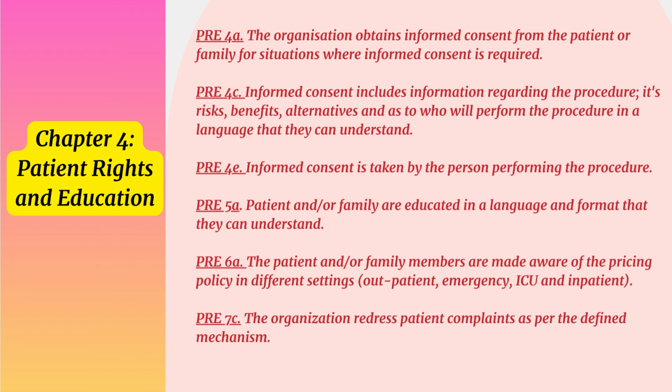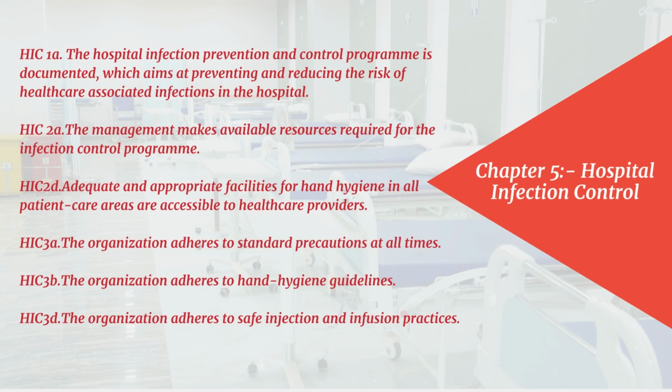Now let's talk about the fifth chapter, objective elements, hospital infection control. HIC 1A, fifth chapter, first standard, A objective element. The hospital infection prevention and control program is documented, which aims at preventing and reducing the risk of healthcare associated infections in hospital.